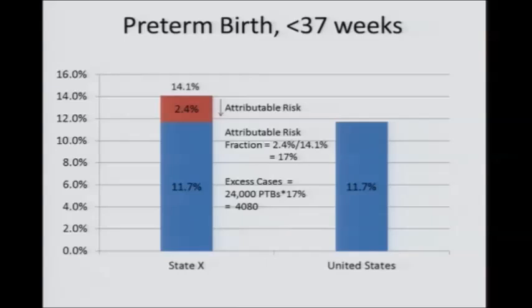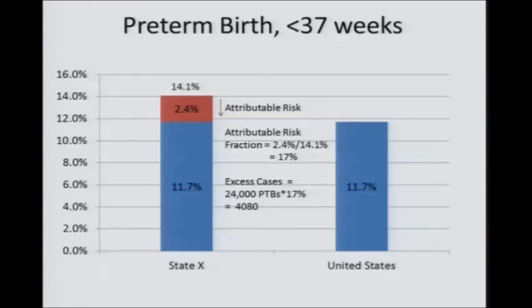So here's an example looking at preterm birth, and the attributable risk is just the simple risk difference. State X has 2.4 percentage points more preterm birth than the reference, which is the US. And so that is the attributable risk. The fraction is that over the total, which is 14.1%.